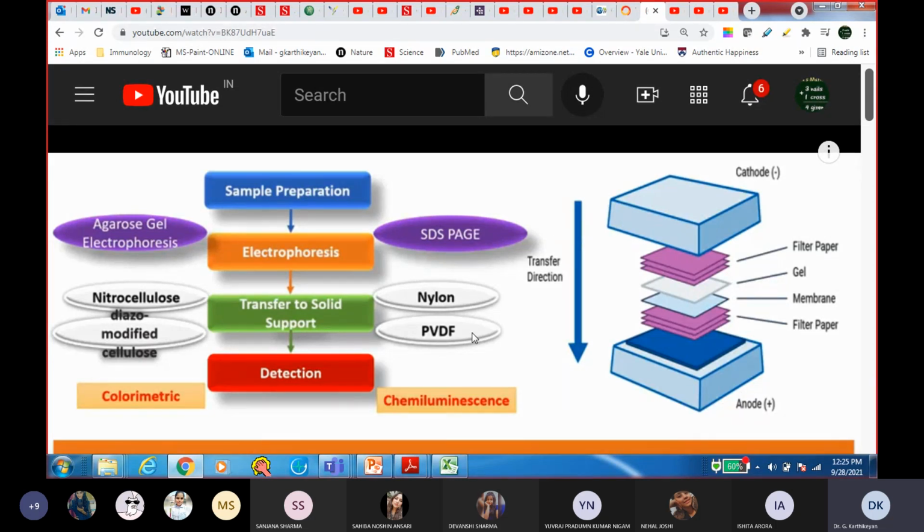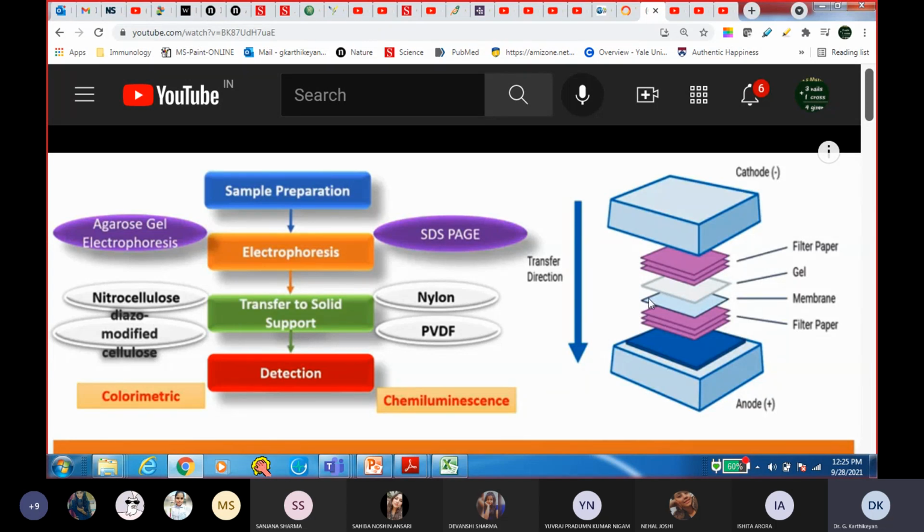Okay, you will be washing it off, and then you will be adding your detection reagents. It could be chemiluminescence. It could be colorimetric. Your antibodies can even be tagged with radioisotopes, so you can do radioisotopic signal also.